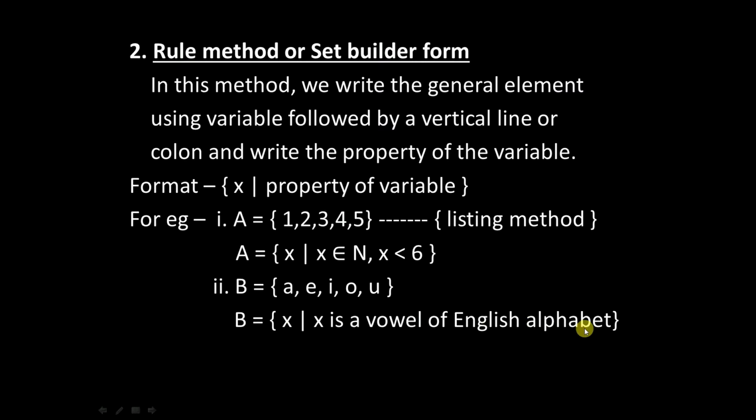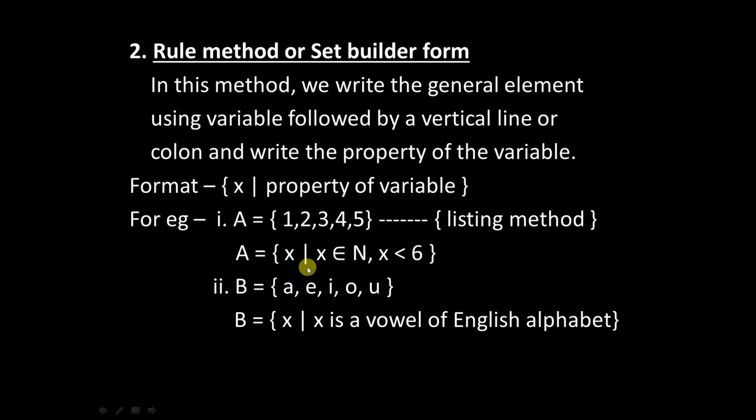Now, how to read this kind of set? Consider this set, I am reading it, you have to focus on this. Set A having a variable x such that x belongs to N and x is less than 6.